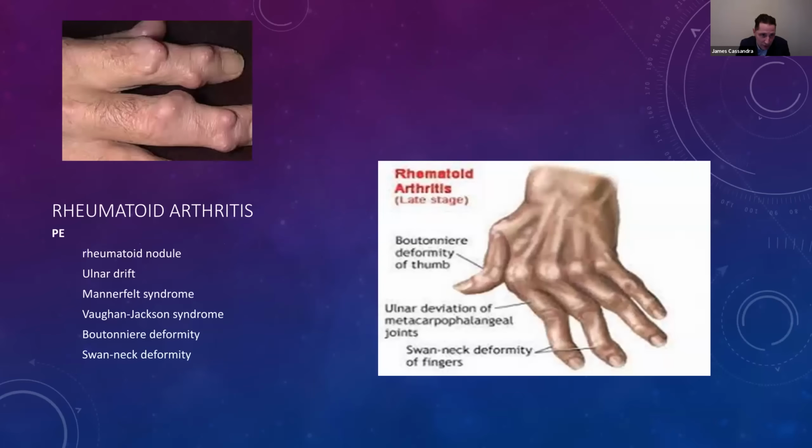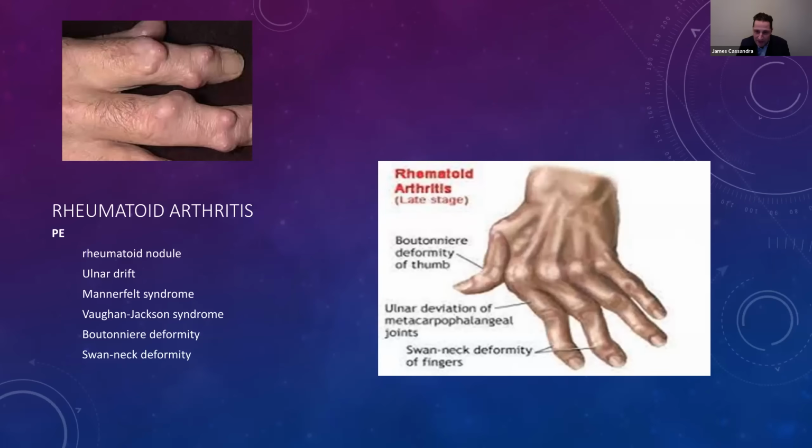As time goes on, rheumatoid nodules can form. So looking for these on the physical exam is always key. There can be an ulnar drift to the hand, as I talked about. Boutonniere deformities are common, where there's hyperextension of the DIP joint and flexion of the interphalangeal joint at the proximal portion, and then swan neck deformities, which is the opposite.